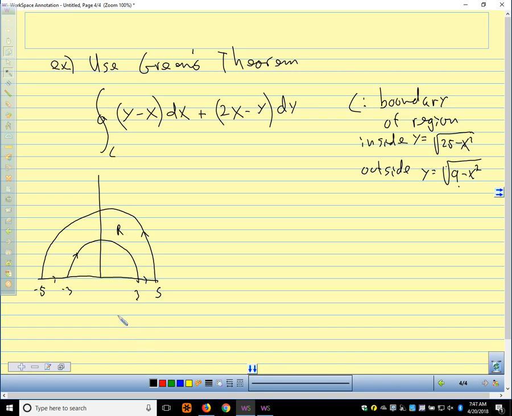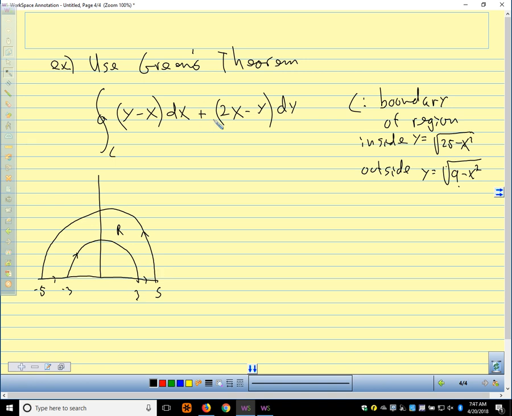If we want to evaluate this line integral directly, we have to parameterize 4 curves. Now the line segments here on the x-axis wouldn't be too bad because y would be 0. What we have to do is both of those integrals. We have to parameterize those 2 circles. The integral doesn't look terrible.